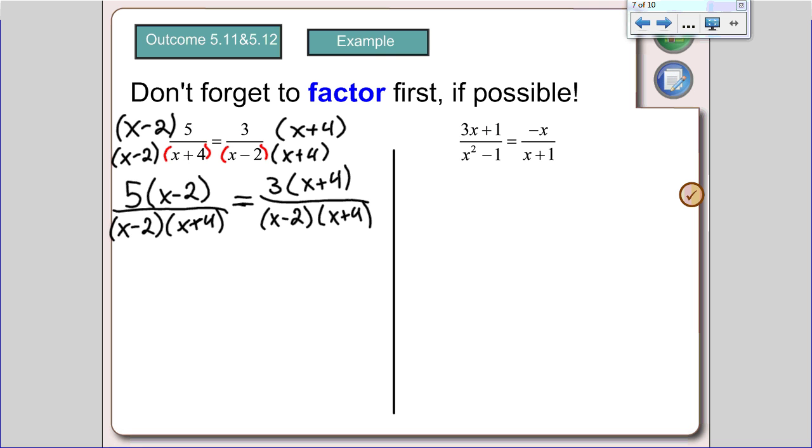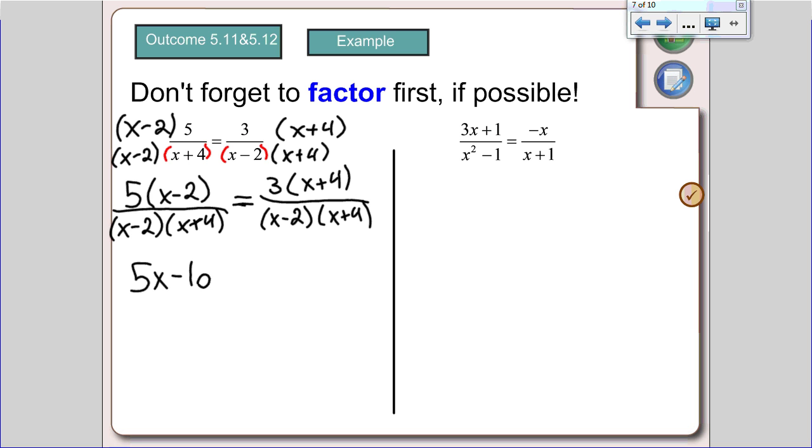Common denominators and an equal sign, the denominators go away. The 5 distributes in, so it's 5x minus 10 is equal to 3x plus 12. And the denominators are all gone.